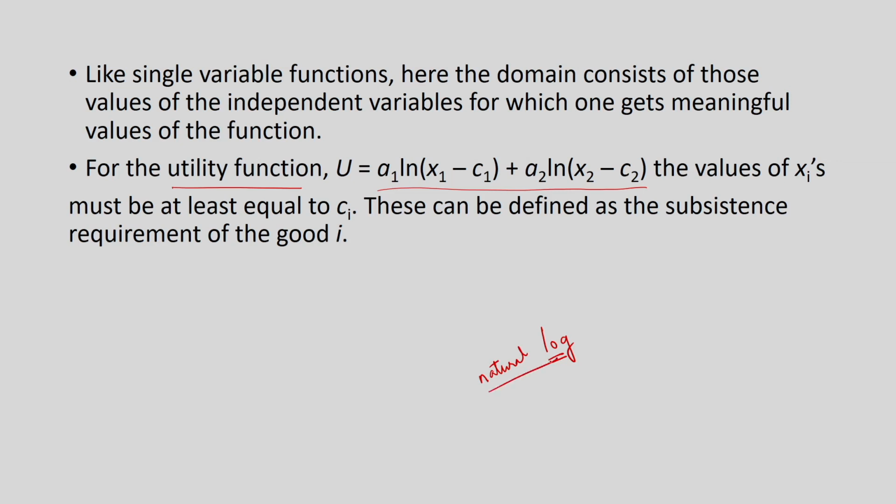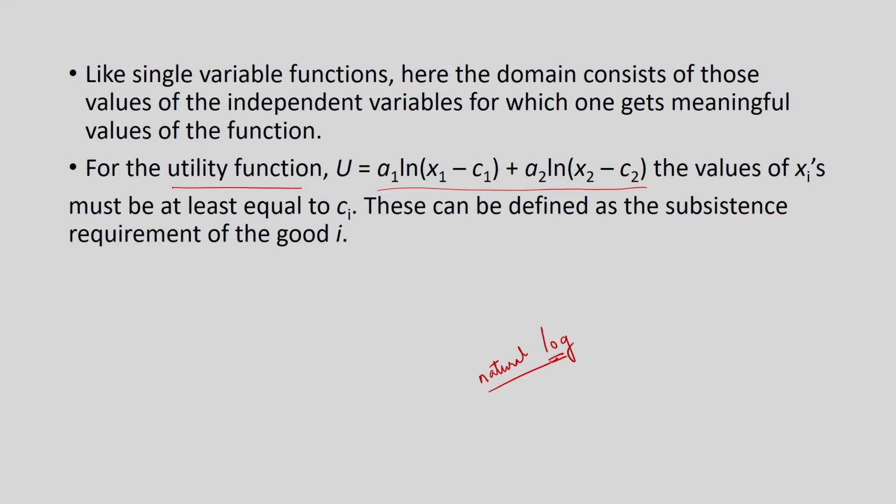For the time being, it will suffice to note that log or natural log is defined only for positive values. At the minimum they can be 0, and they cannot be negative. So, log of a negative number is undefined.